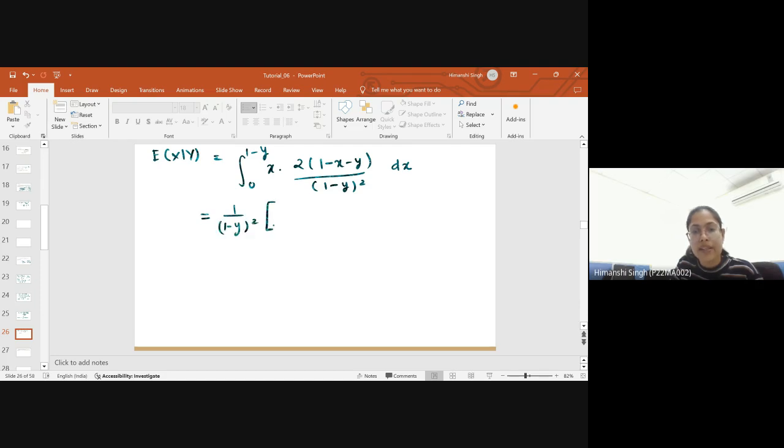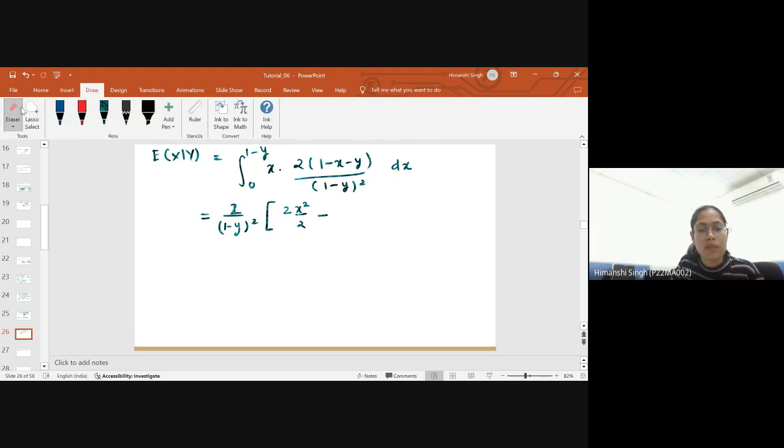We integrate the term: x square by 2 minus x to the power 3 by 3 minus y into x square by 2, with limits 0 to 1 minus y.